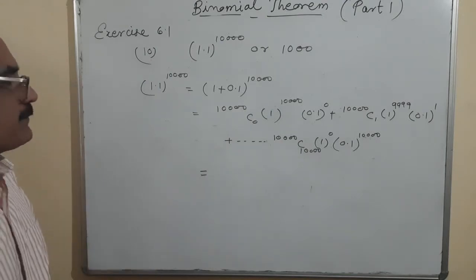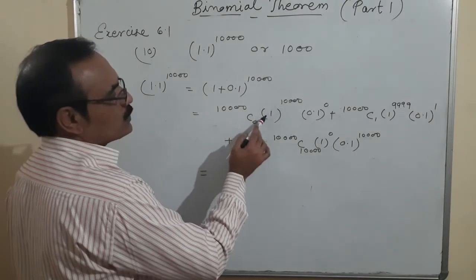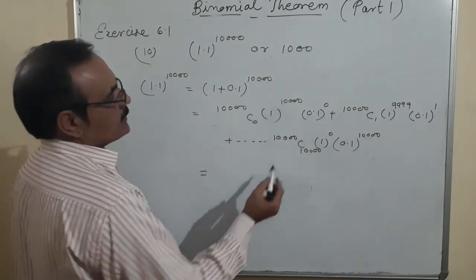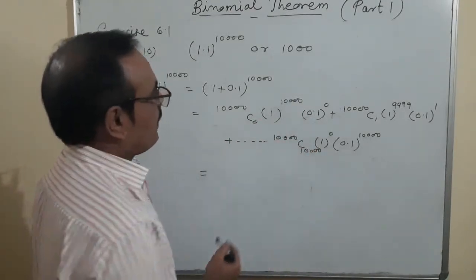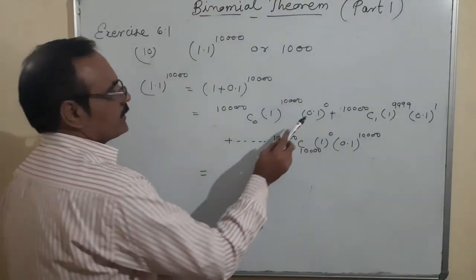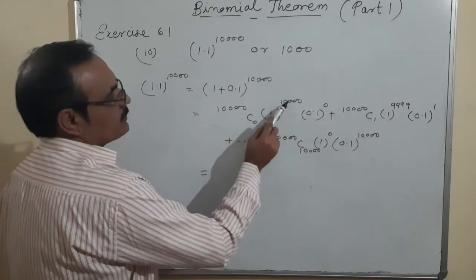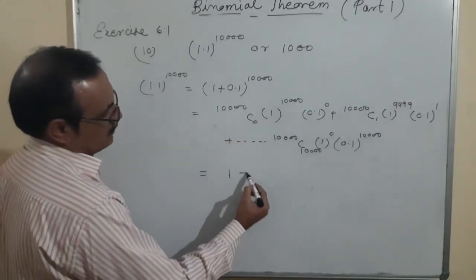Now let us see. 10,000 C0, its value is 1, and 1 to the power 10,000 is 1, plus.